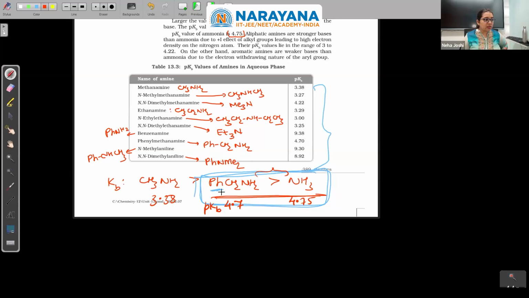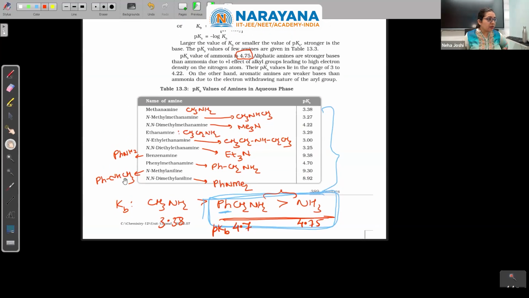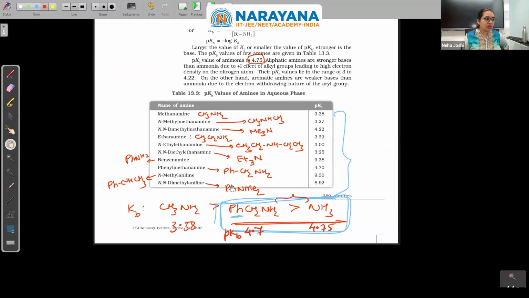So this is an important order: CH3NH2, then PhCH2NH2, then ammonia. Is that all good? Then the rest is as expected: the more methyls on nitrogen, the better the base. So PhNMe2 is a stronger base, then PhNHMe, then PhNH2.